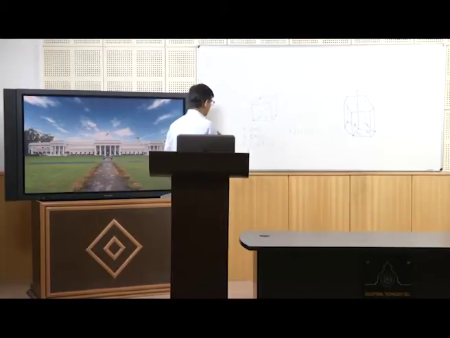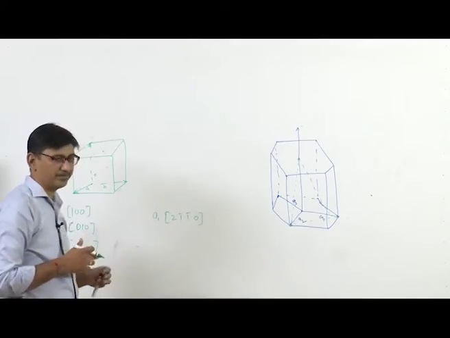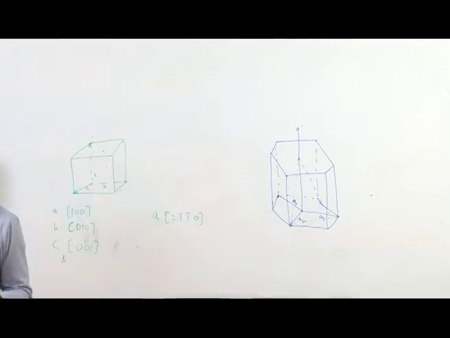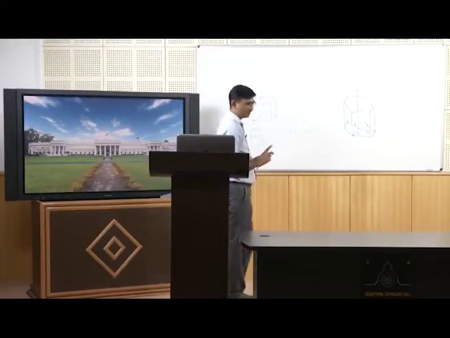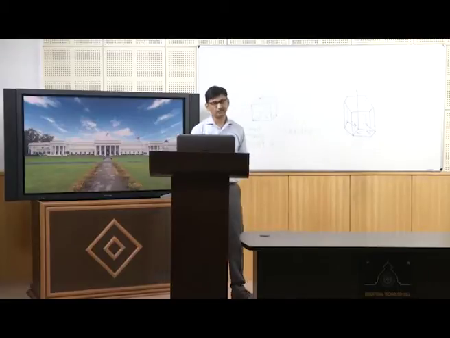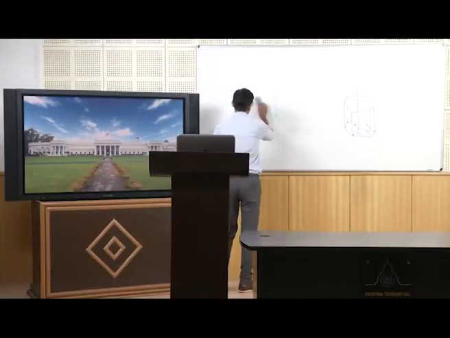Okay. Now, if you just do it like this, sometimes it becomes very difficult. So, to simplify this whole idea, you can convert between the 3 indexing system and the 4 indexing system very easily, and there are relations given here to do that.